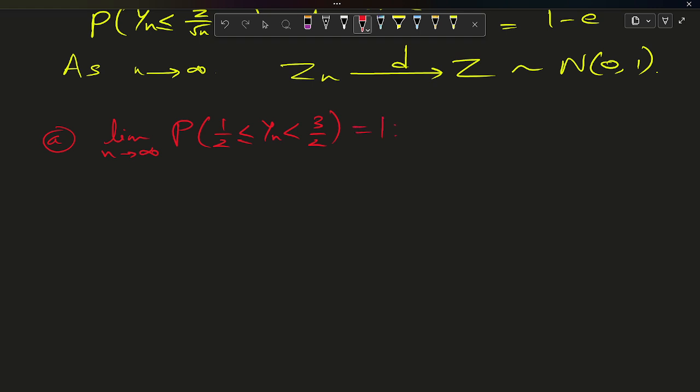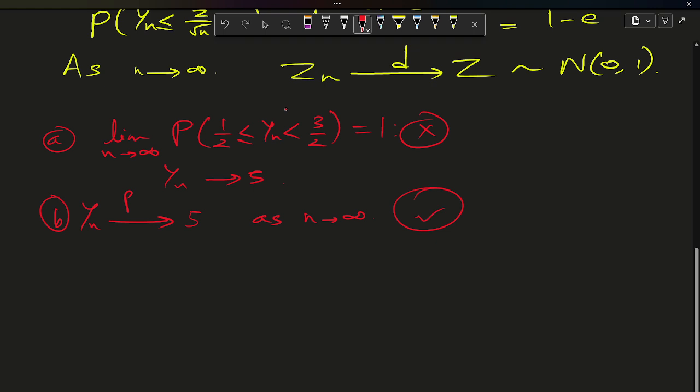This is a false statement because Yn is going to 5, and this probability will converge to 0, not 1. Option B says Yn converges in probability to 5 as n tends to infinity. This is true, because the minimum Yn converges to the boundary value 5 as n tends to infinity.